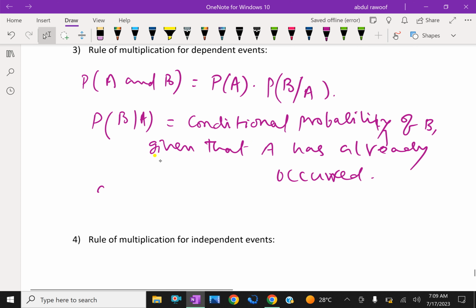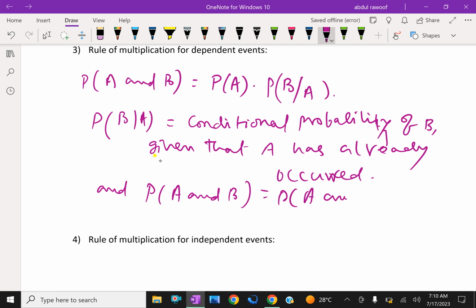Therefore, you can say P of A and B is equal to P of B and A, that is, the terms changed.